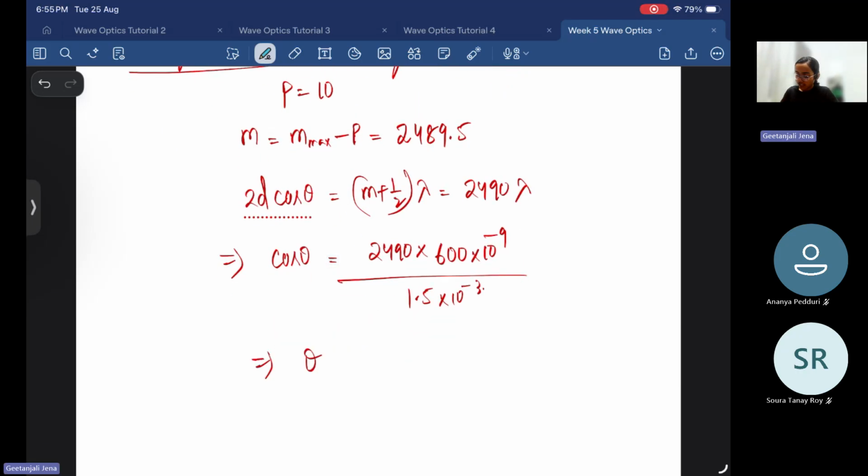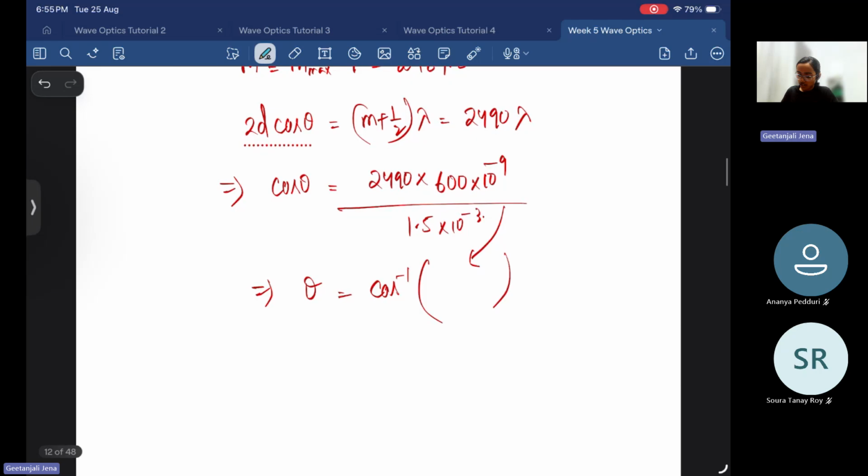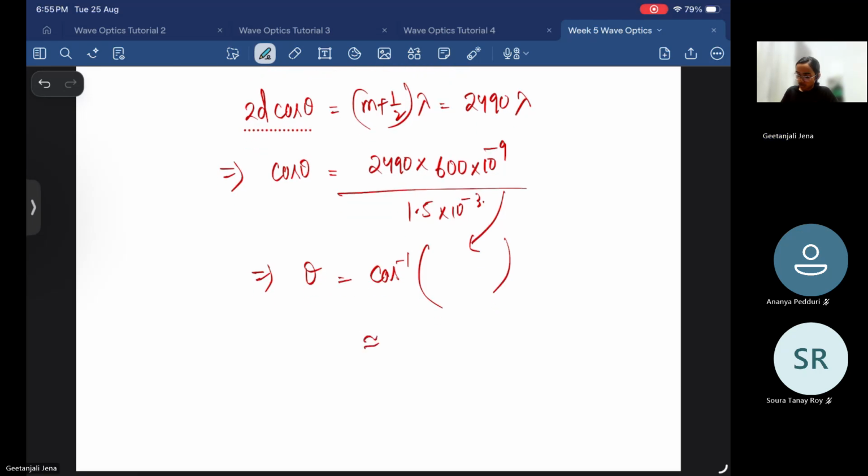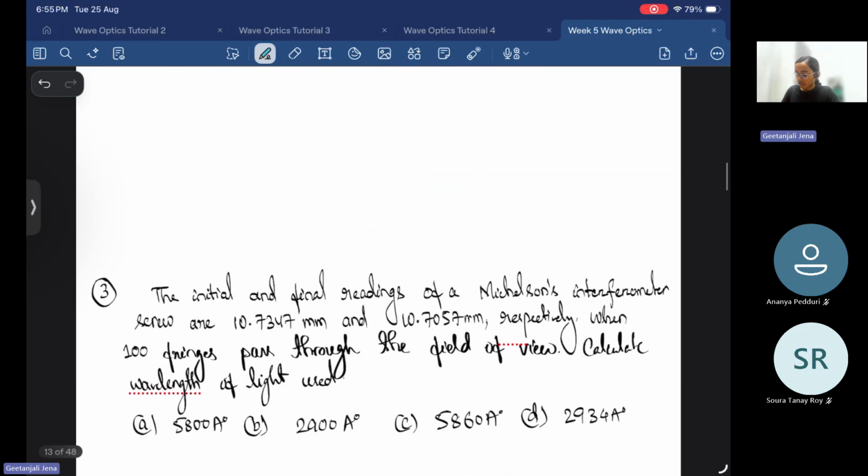So from here you will get theta is cos inverse of this value, which will be around 5.126 degree. Yes, or 5.13 degree. Okay, so let us move to our next part.